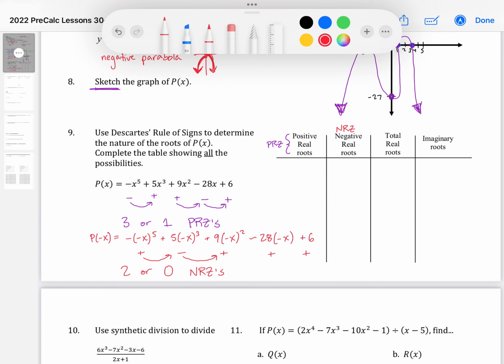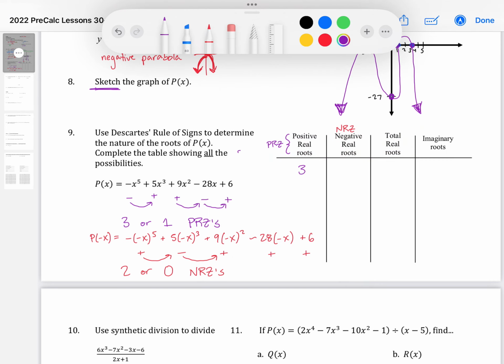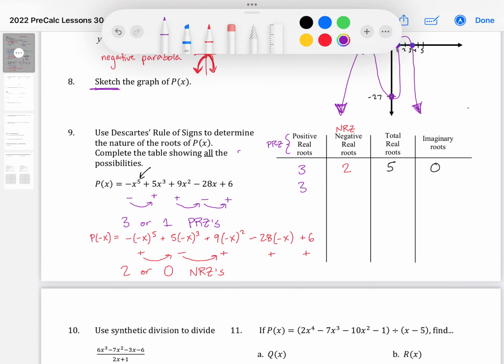All right, so let's look at our table here. If I have 3 positives and then 2 negatives, that's already giving me 5 total real roots, which is the degree of this function, which means I don't have room for any imaginaries. Okay, well now let's suppose I have 3 positive real zeros and no negative real zeros.